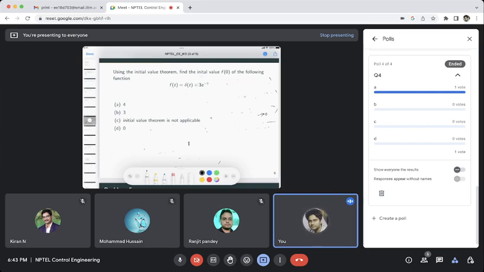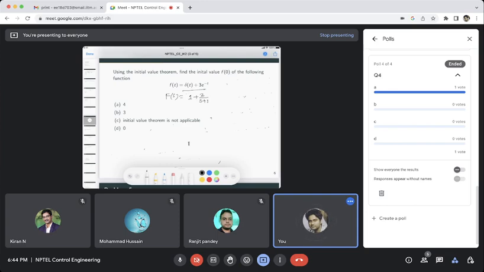The Laplace transform of this function, F of s, will be what then? What is the Laplace transform of the impulse? It is 1. So this is the Laplace transform of the whole function: the impulse gives 1, and e to the power minus t gives 3 by s plus 1.